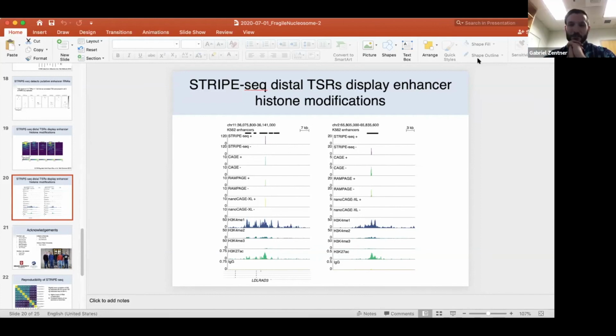Harriet Kinyamu has asked, she wasn't clear about whether STRIPE can detect enhancer RNAs based on distance. I'm not sure. There's a couple of possible distances. I mean, are we thinking based on the distance of the enhancer to the promoter? Harry, if you would like to raise your hand, I can unmute you. So maybe you can ask it by voice.